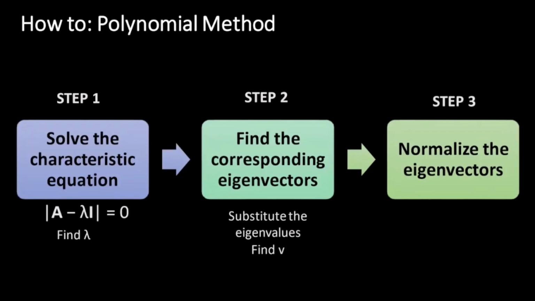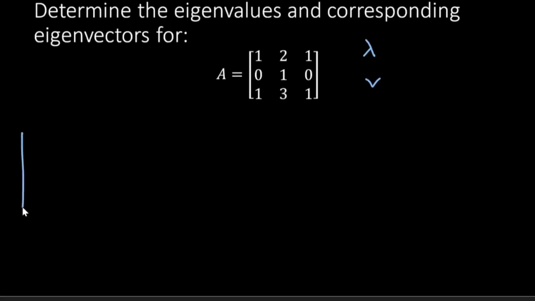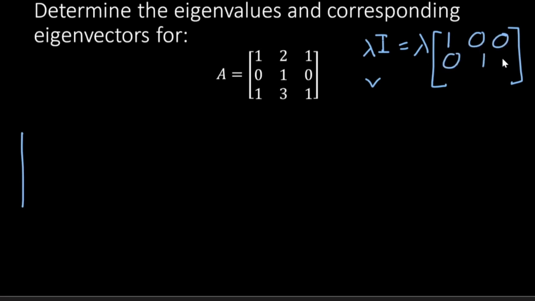The first step is to find lambda, and the determinant of A minus lambda I is equal to 0. So the determinant of A minus lambda I in this case would be lambda multiplied by a 3 by 3 identity matrix, which is 1, 0, 0, 0, 1, 0, and 0, 0, 1.